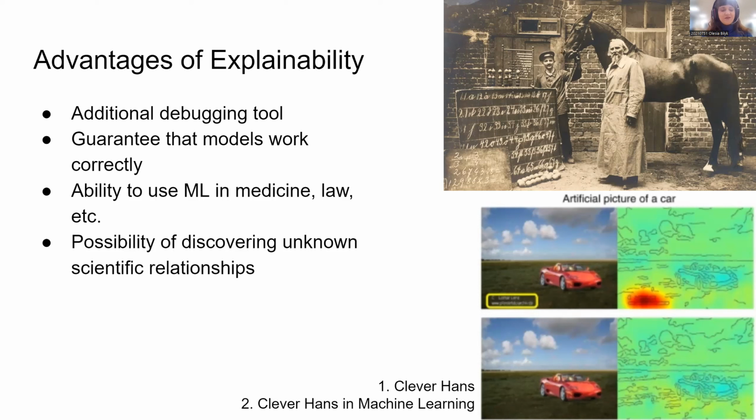The model's explainability is also required in autonomous driving or medicine or other fields that deal with humans' health and life, and therefore it is impossible to use models that can possibly be wrong in them.